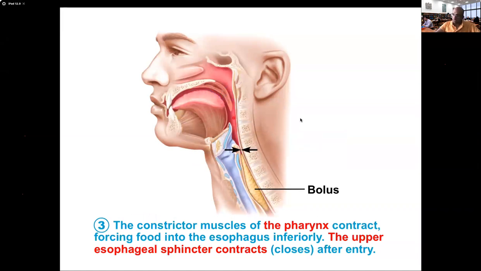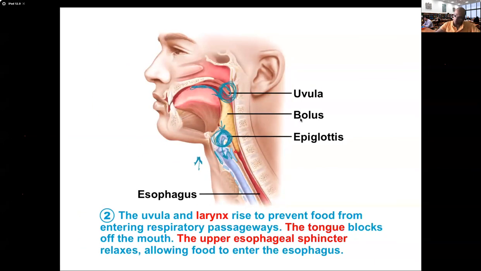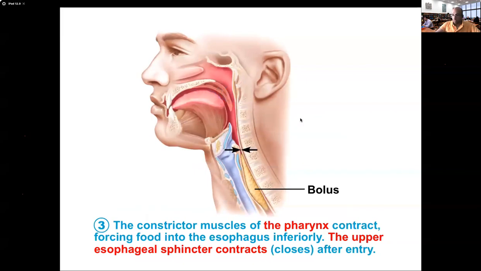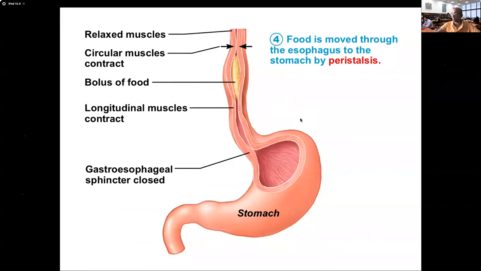Once the food is in the oropharynx and the laryngopharynx, you're going to relax this muscle sphincter, because this is the upper esophageal sphincter. And once the food passes down from the oropharynx and laryngopharynx into the esophagus, you're going to be constricting the upper esophageal sphincter, preventing the back movement of the food into the pharynx from the esophagus.